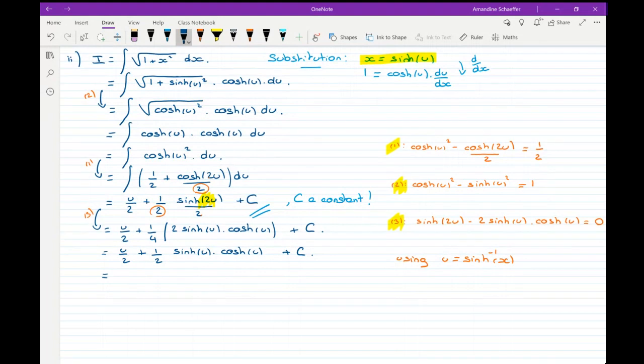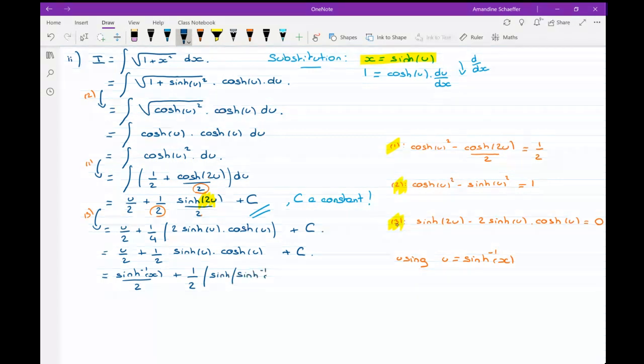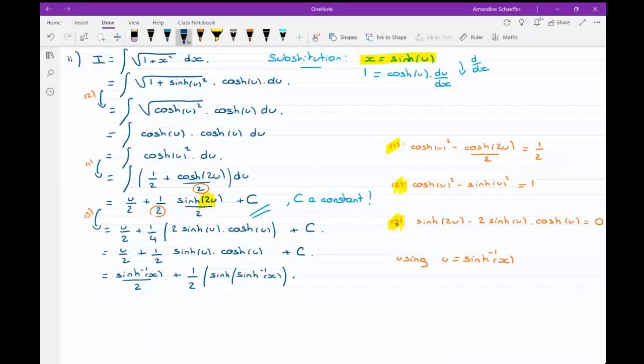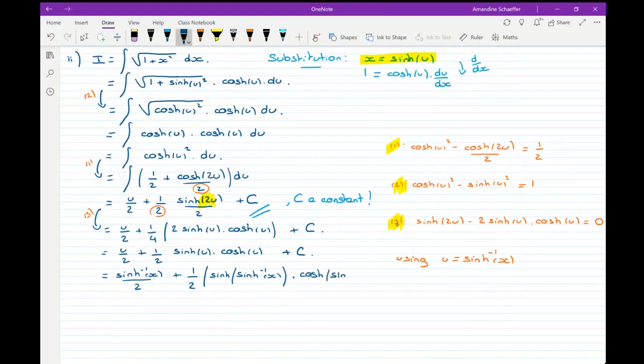So we have sine -1 x on 2 plus 1/2 of, I'm going to go step by step, sine of sine -1 of x, times cosh of sine -1 of x.